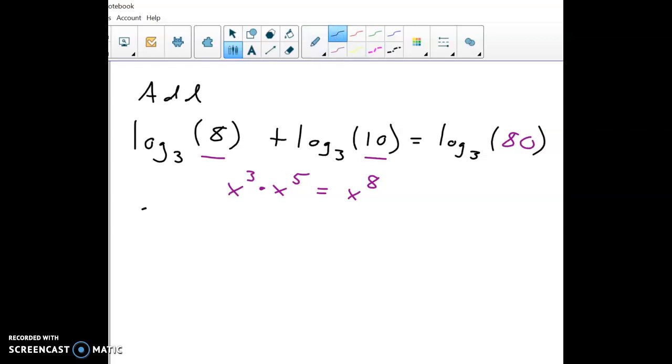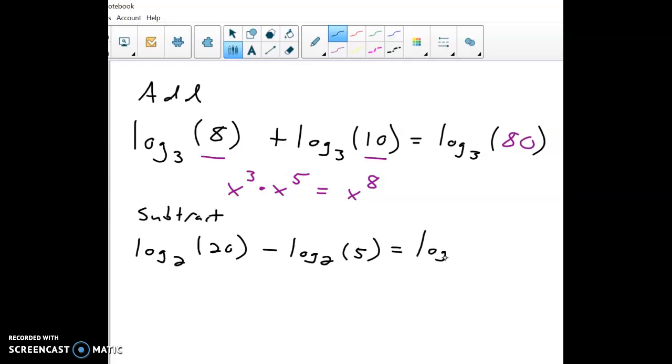Okay, and then there's a similar one for subtract. If I have two logs subtracted, so let's say log base 2 of 20 minus log base 2 of 5, what you're actually going to do is keep the log base 2 again, and then you're just going to divide these two parts.